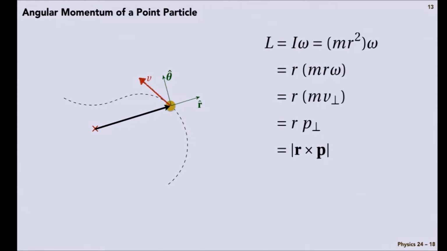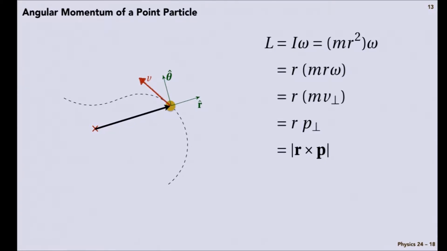Well, the moment of inertia would be the mass times the distance squared, and then I multiply by omega. So let me factor out one r, that leaves m r omega. R omega is just v, the component of the velocity that is actually perpendicular to r, that's making it go around.